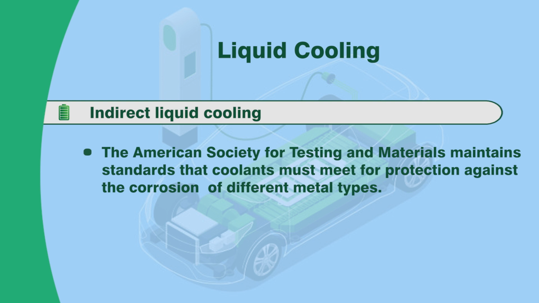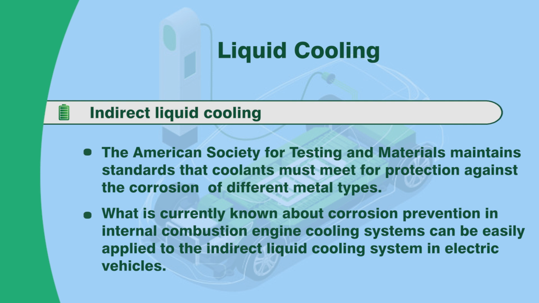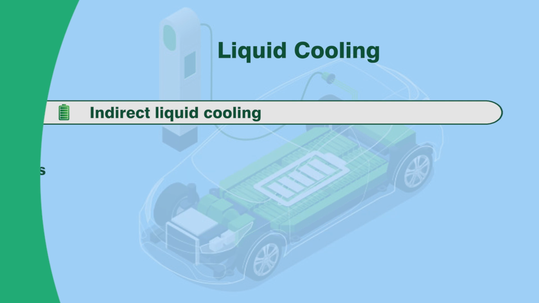The American Society for Testing and Materials maintains standards that coolant must meet for protection against corrosion of different metal types. What is currently known about corrosion prevention in internal combustion engine cooling systems can be easily applied to the indirect cooling system in electric vehicles.